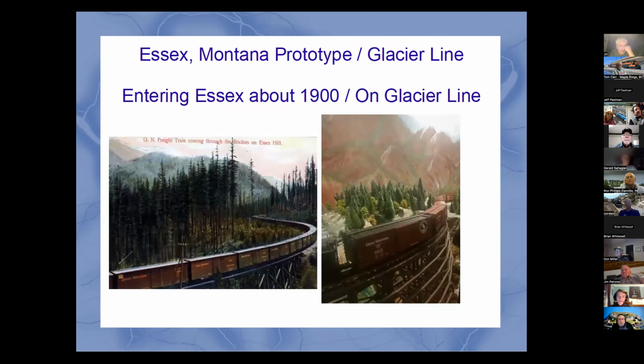This next photo is a wooden trestle outside of Essex, Montana, in 1900. And Great Northern quickly discovered these wooden trestles were constant problems, the threat of fire, even many times the wind was blowing so hard up there that it was shaking so bad the trains couldn't cross them. So in the early 1900s, they were all replaced with steel bridges, but this one actually was never replaced.